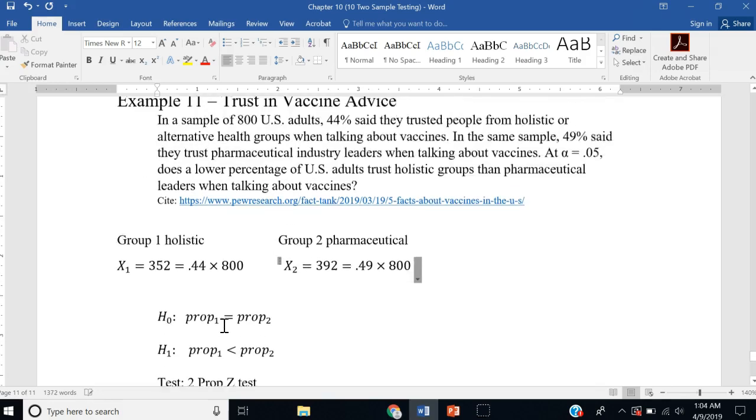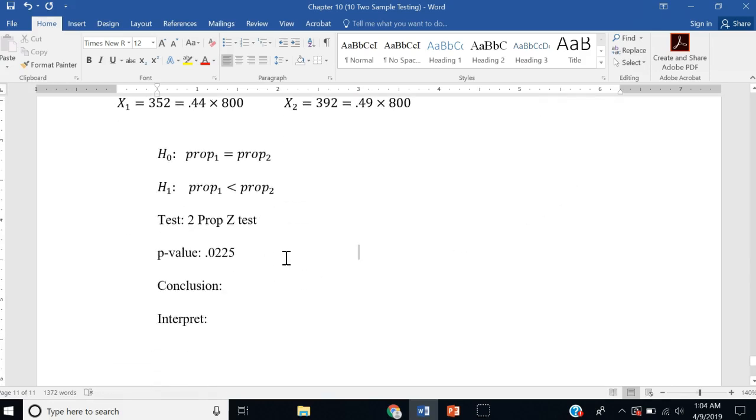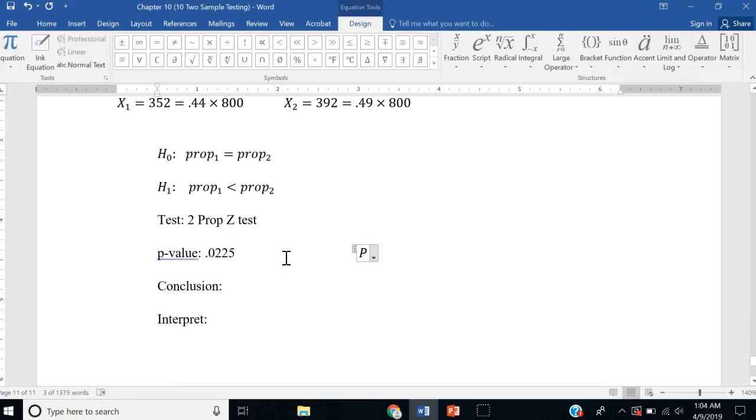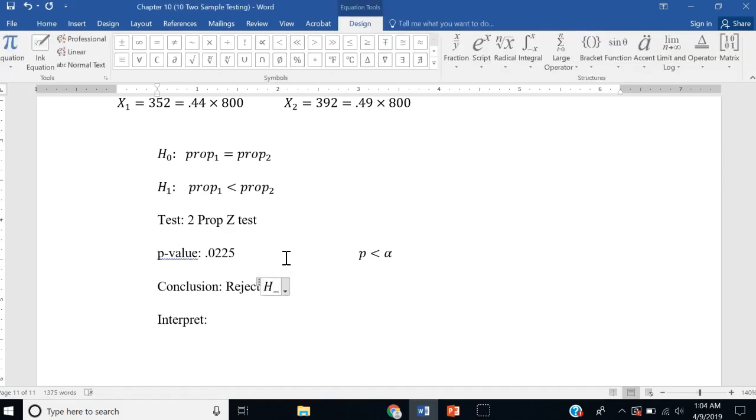Let's compare that with the alpha. The alpha was 0.05. So 0.0225 compared to 0.05, that means that P is less than alpha. P less than alpha means that I should reject my null hypothesis.